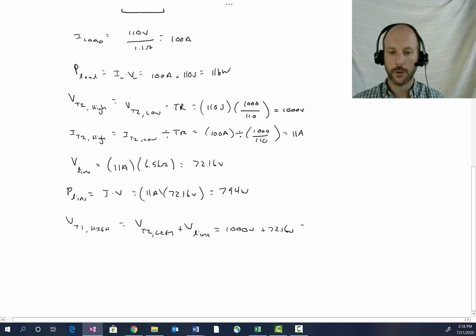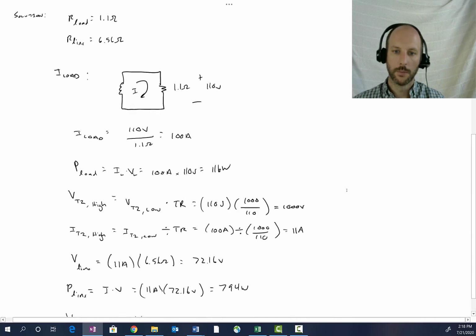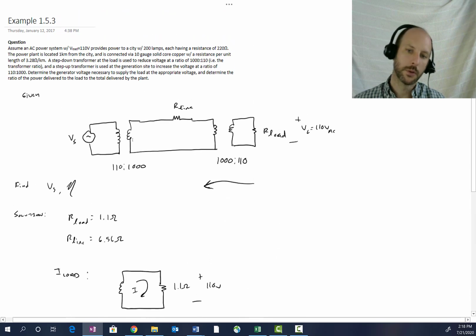So the high side of transformer 1 has to be 1072.16 volts. I'm showing that here. And it's going to be reduced because this was a step-up transformer and we're working backwards. So the voltage at the source is going to be lower than that by 110 over 1000.